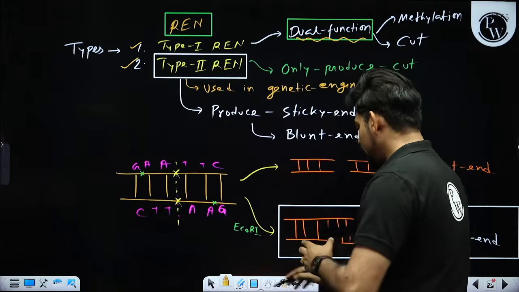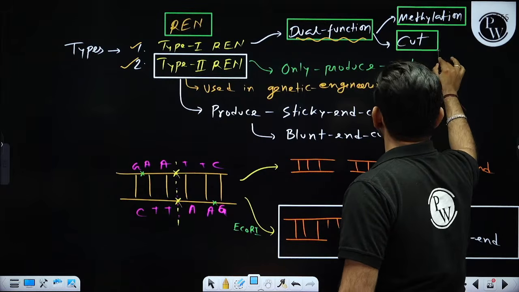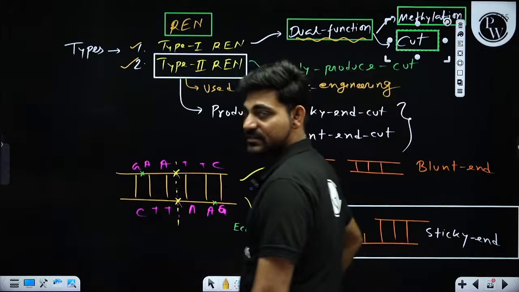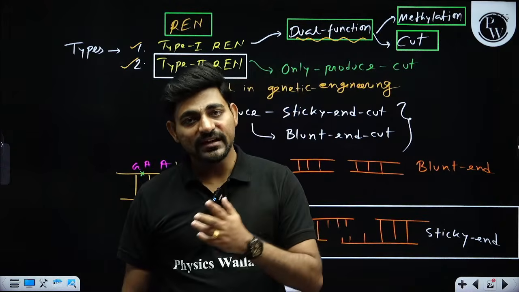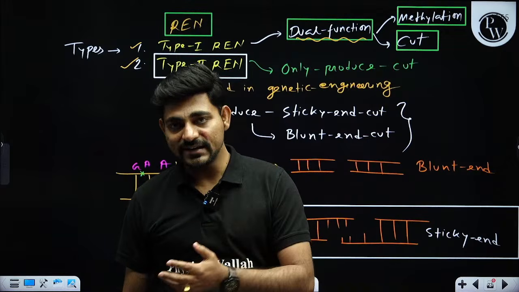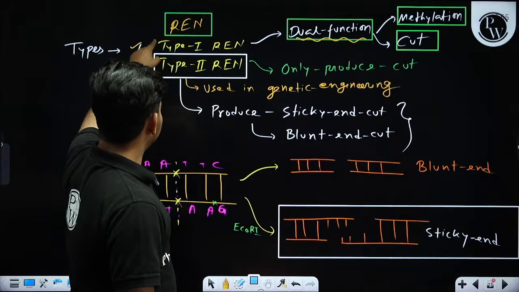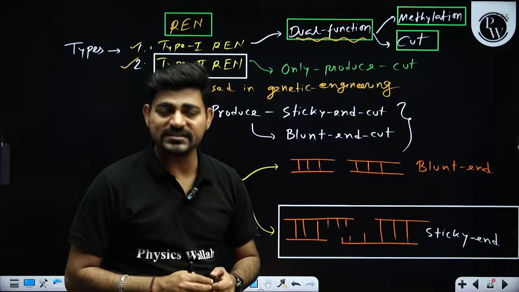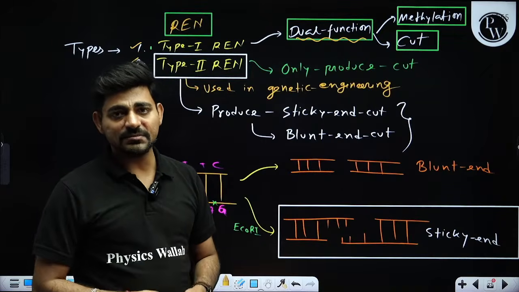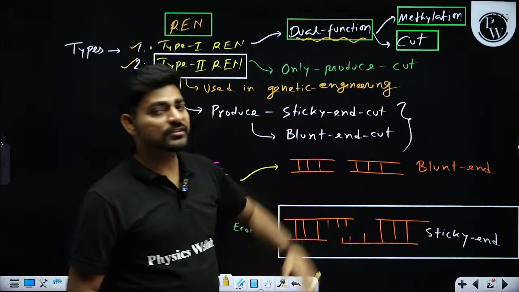They can perform methylation, and they can cut the DNA piece. We already talked about one, methyltransferase enzyme, and another, restriction endonuclease enzyme. But type 1 restriction enzymes are less specific and they can perform both works.